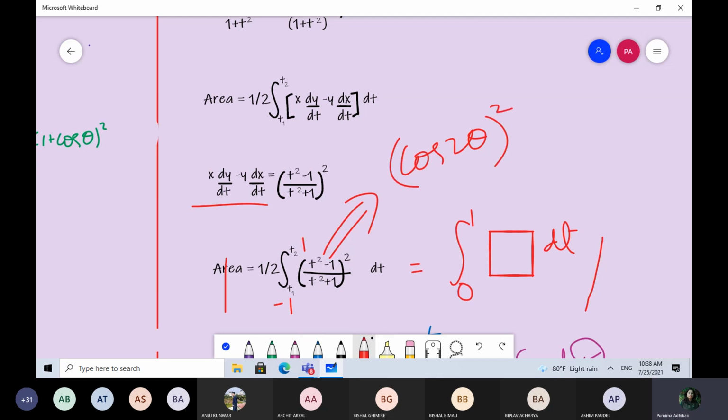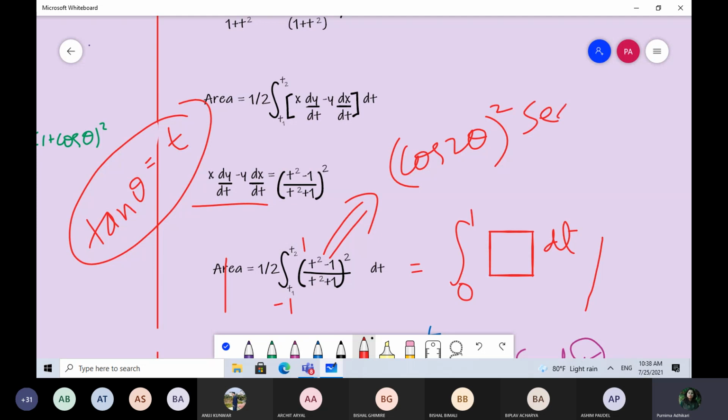My screen is not moving, that's why I'm doing this. It will take a little bit of time. So tan theta equals t. When you differentiate, you will get sec square theta d theta equals dt. So in place of dt, sec square theta d theta comes. All right, the limits of integration will be 0 to pi by 4.